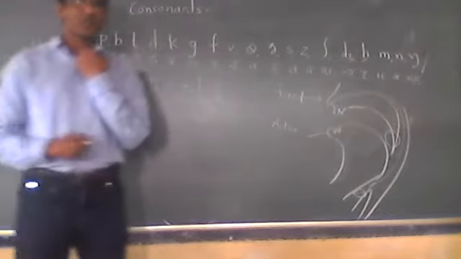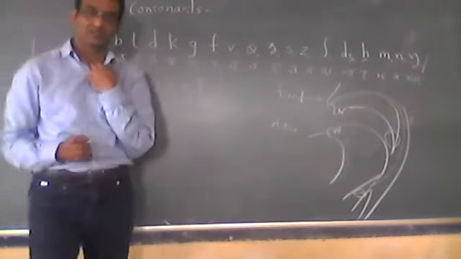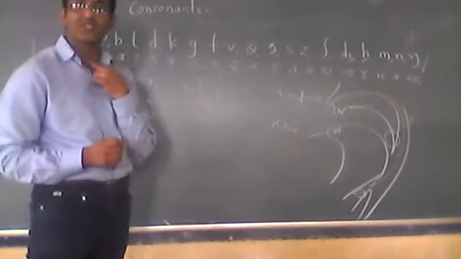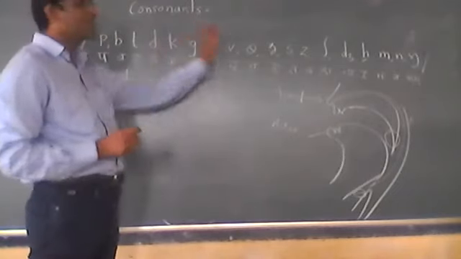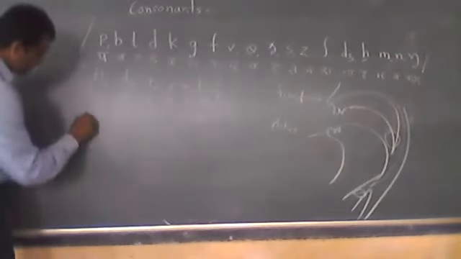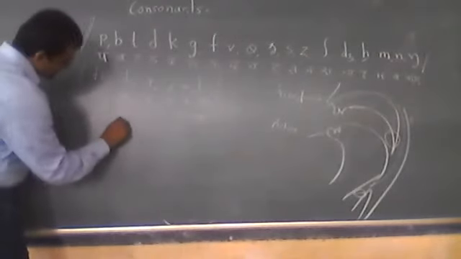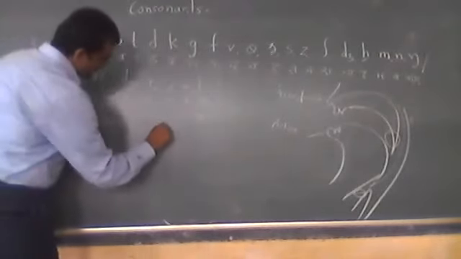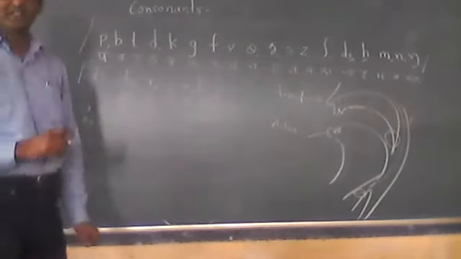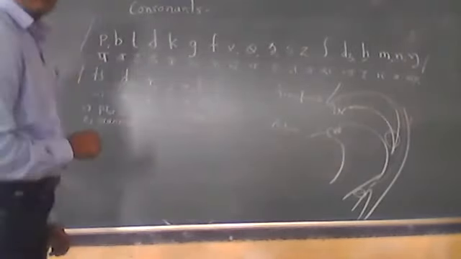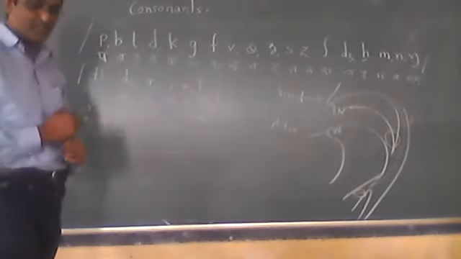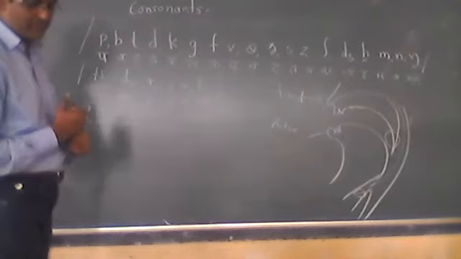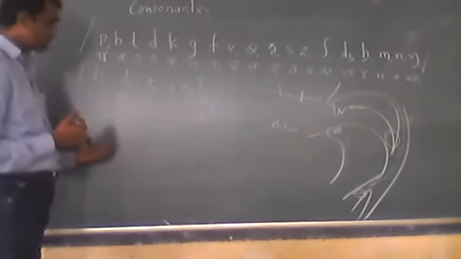For the production of the h sound, our glottis comes into play, and that is how we have glottal sounds. So we have the place of articulation, then the manner of articulation, and these are the manners of articulation that we need to think about.